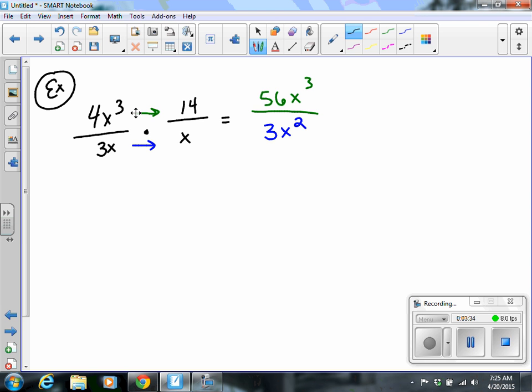I'm going to reduce that 56 over 3, which actually comes out to decimal, but I can't reduce the fractions, so that's okay. I can, however, reduce my exponents or my variable to just an x to the first.